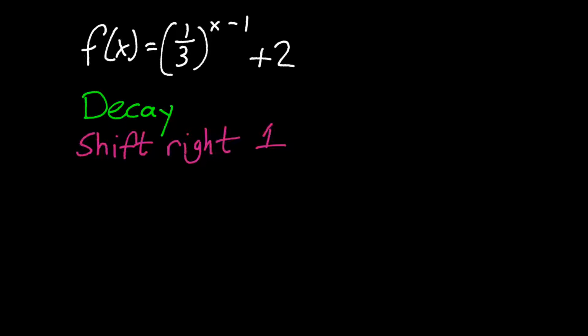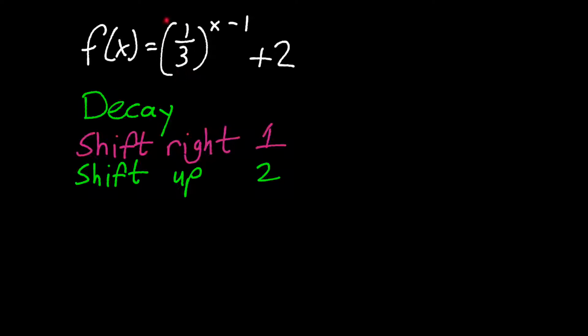And then to determine whether we're going up or down, we look at the constant. And just like the last example, it is a plus 2. Since we are adding, we are shifting up. So we have a shift up 2.